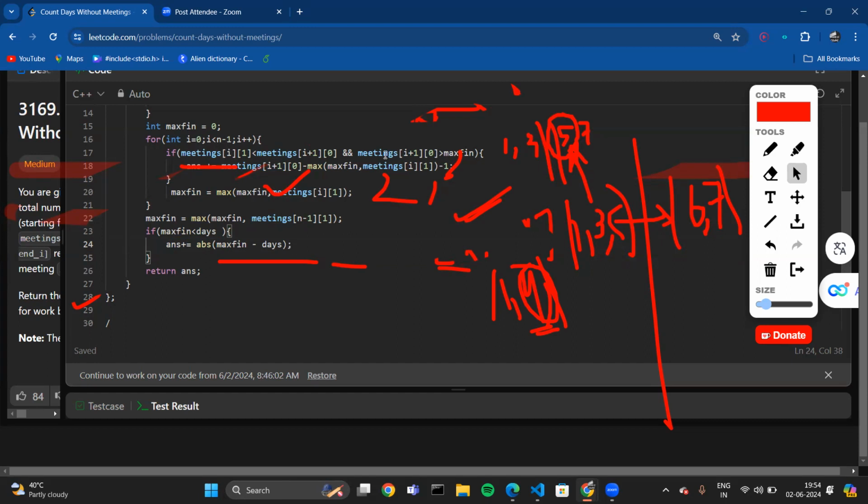Because I am checking here I and I plus 1, I cannot go up till n minus 1 index. Hence, I checked it till n minus 2 only. And after that, I made a separate query for the n minus 1th index. So this was how we could have solved it.